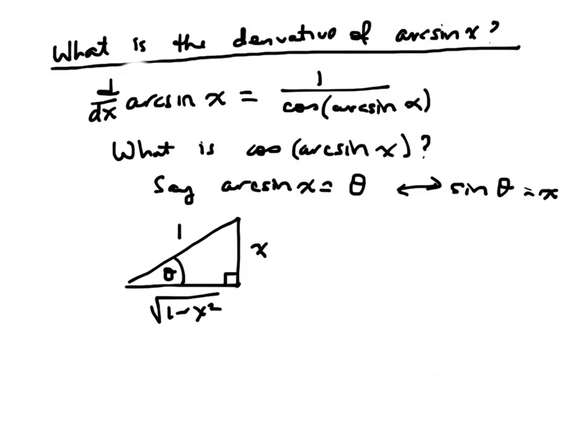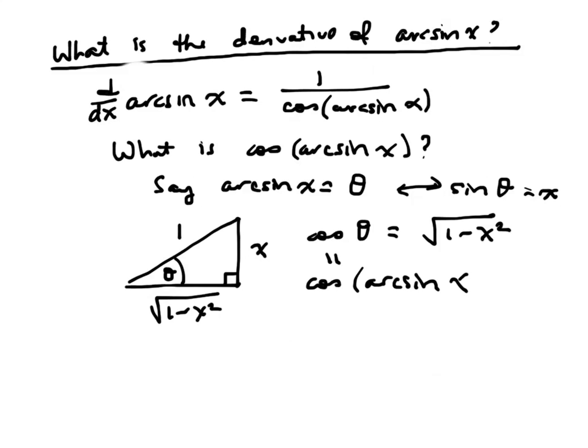So cosine of theta is equal to the square root of 1 minus x squared. And I should also say, cosine of theta is also cosine of arcsine of x, right?